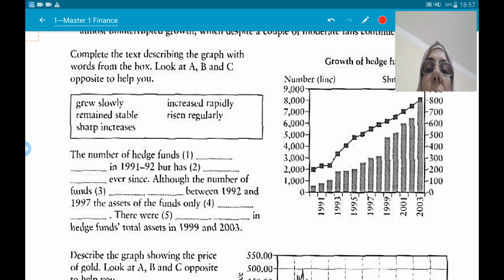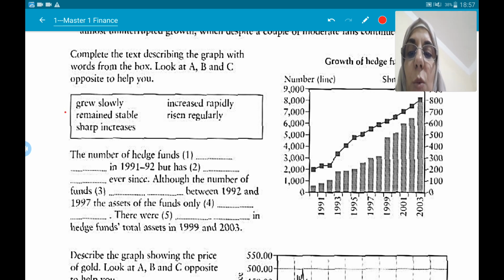Okay, let's see the correction. The number of hedge funds in 1991-1992, see the graph, remained stable.